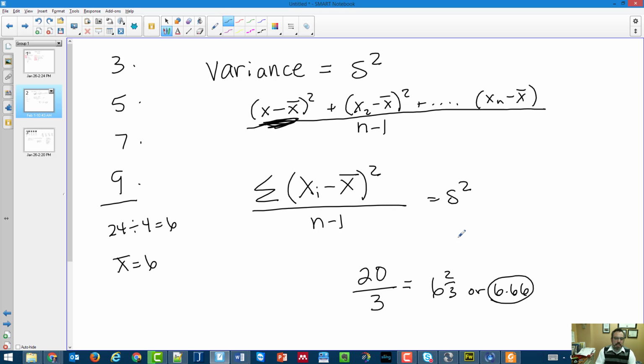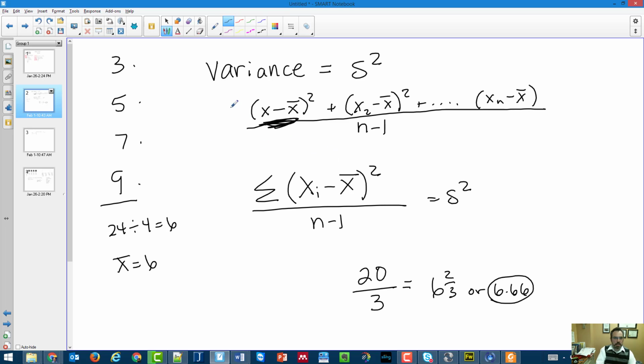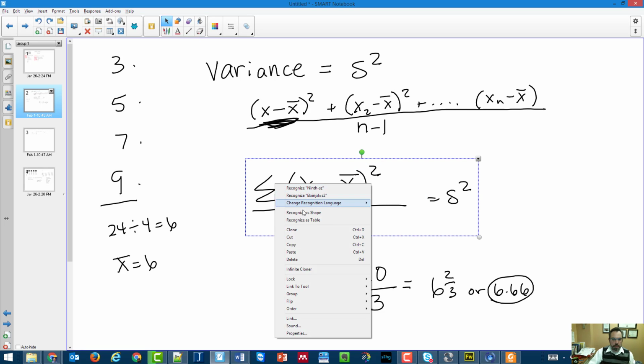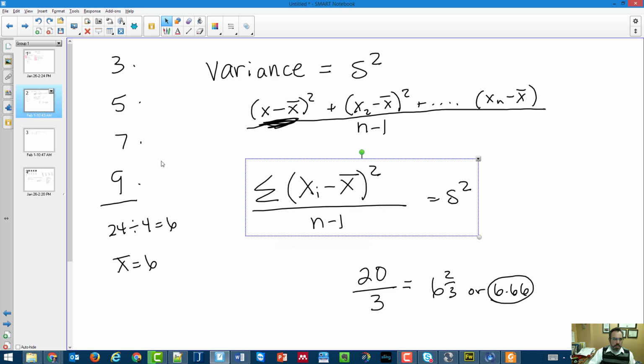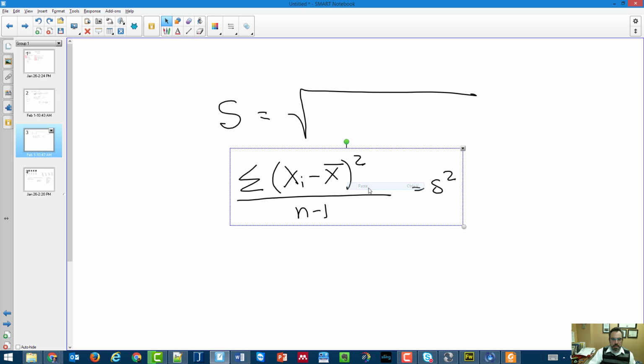To find the standard deviation, a lot of times standard deviation is just written like this. Standard deviation is really the square root of what we just did. So I'm actually going to come in here and copy this. We'll take what I just did, and we're going to paste it on in here.